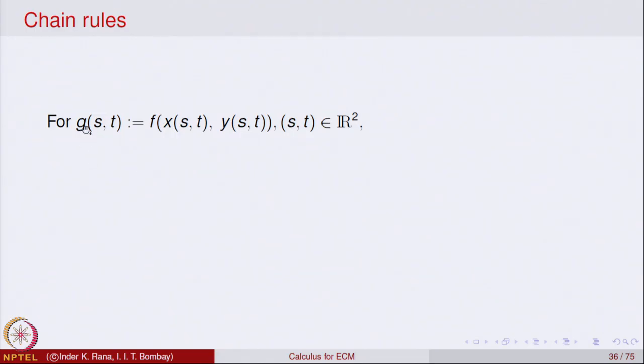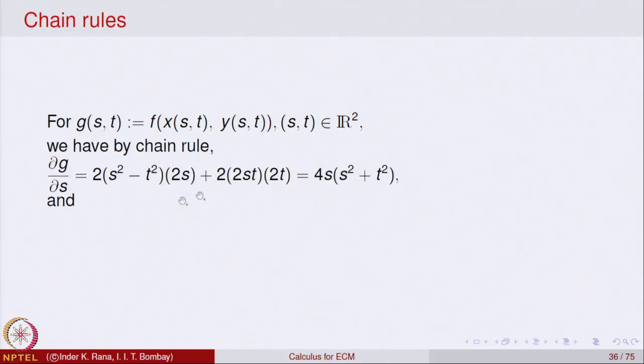To compute the partial derivative of g with respect to s, there will be two terms: the partial derivative of f with respect to x, and since you are differentiating with respect to s, the partial derivative of x with respect to s. That will be the first term, plus the partial derivative of f with respect to y multiplied by the partial derivative of y with respect to s. So, that will be the partial derivative of g with respect to s. Let us compute that.